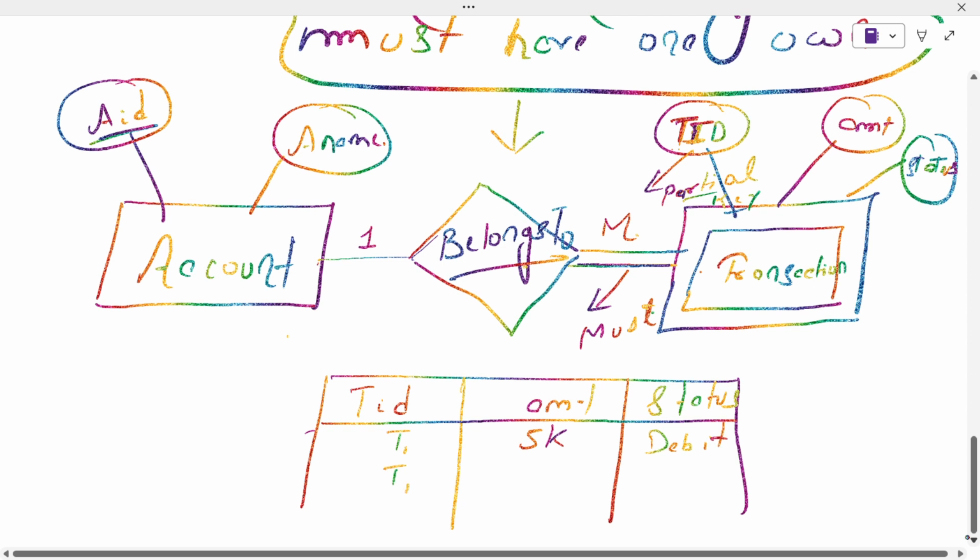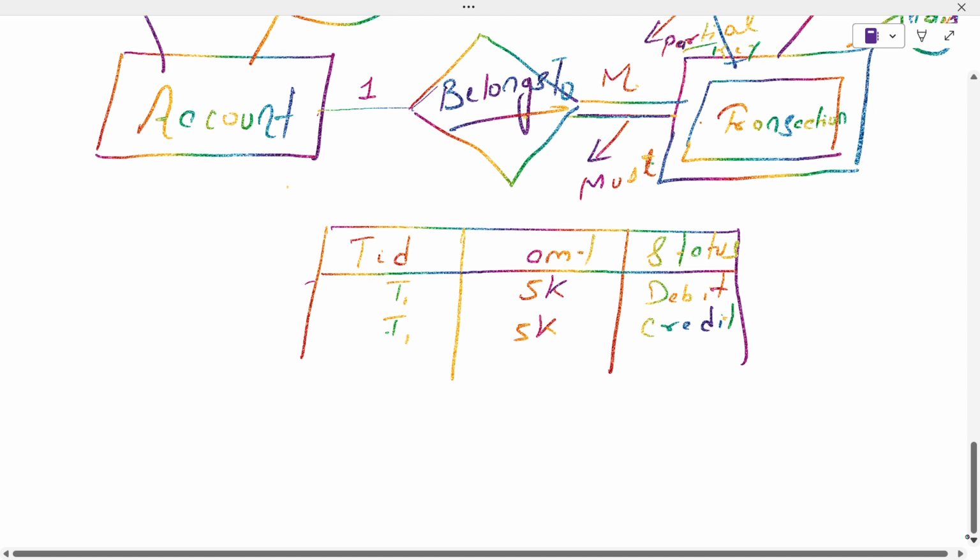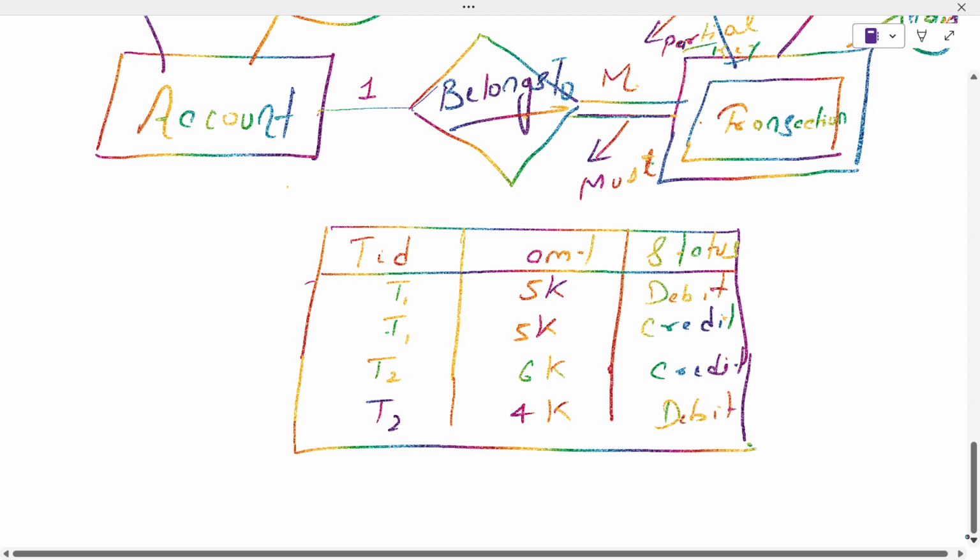Then we have T1 and the amount is 5K and it is credited. So you see TID is not the key here. Then we have another transaction T2 with 5K amount and it is credited, and again we have this T2 transaction with 4K and it is also debited. So these transactions are there, so TID is definitely not the key.